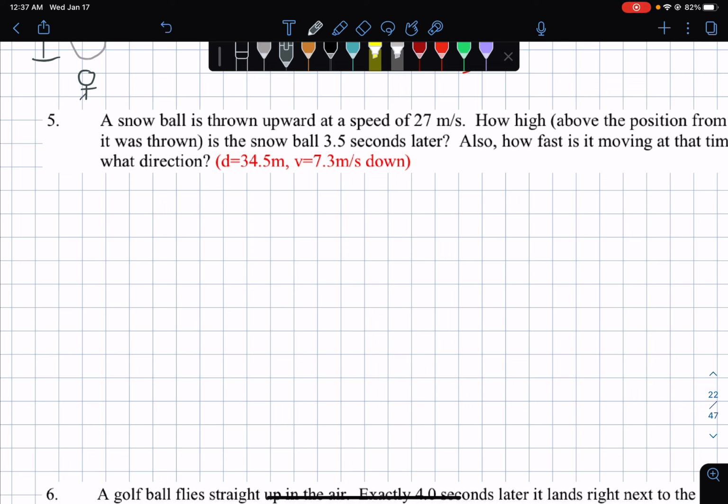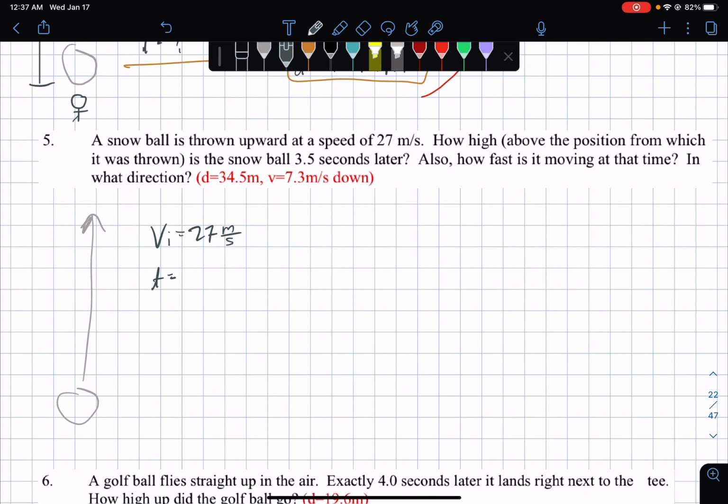A snowball is thrown upward at a speed of 27 meters per second. Time is missing. Okay, so that's a second requirement. How high was it thrown?